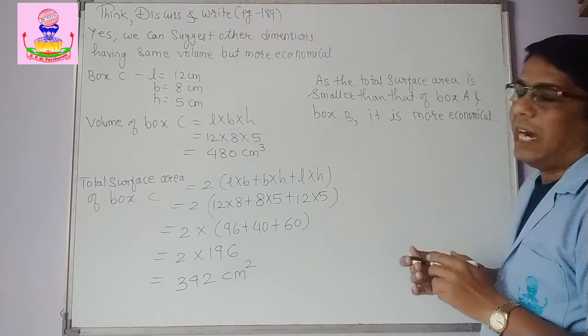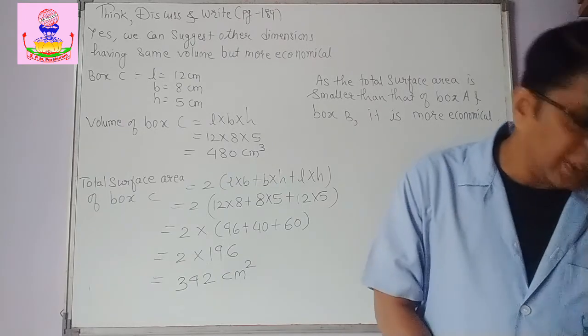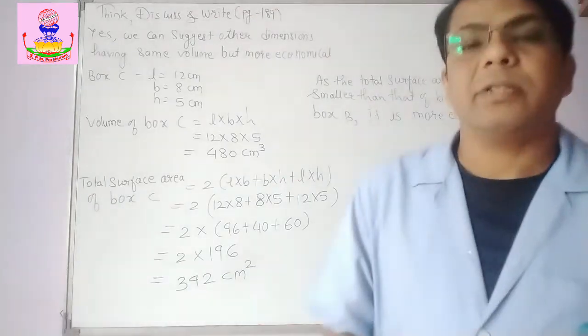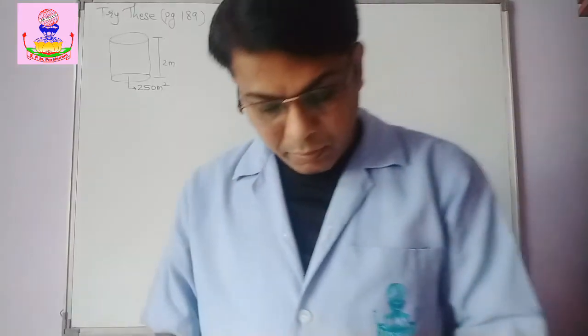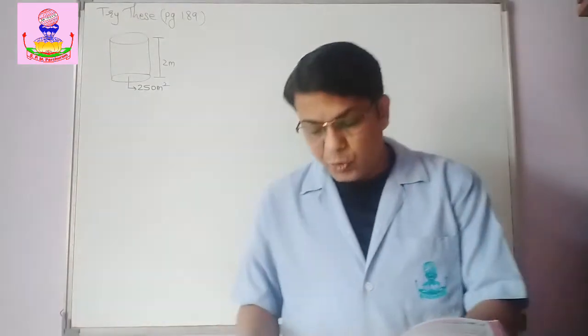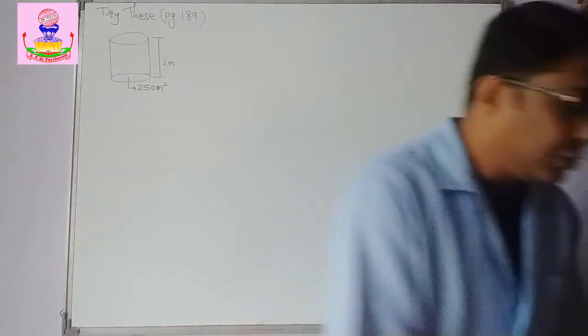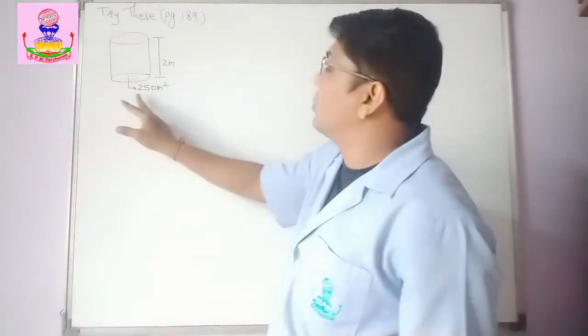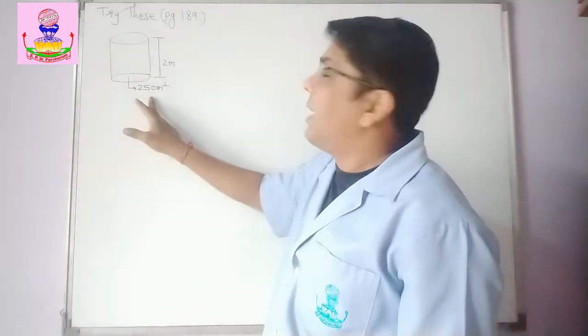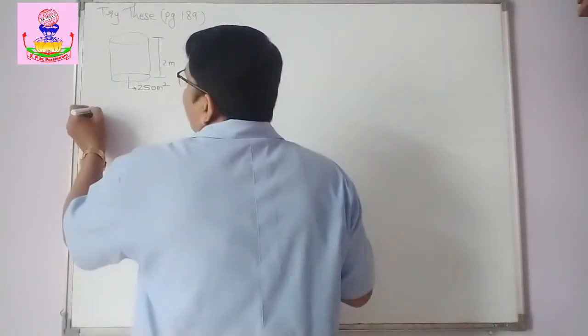Okay? So after this discuss and write, try these on page number 189. Now see, find the volume of the following cylinders. Try these, page number 189. So second one I am doing. So there you can see area of the base is given 250 meters square and height is given, okay, 2 meters.